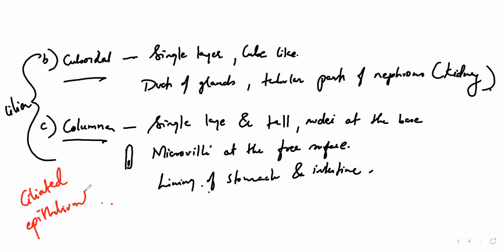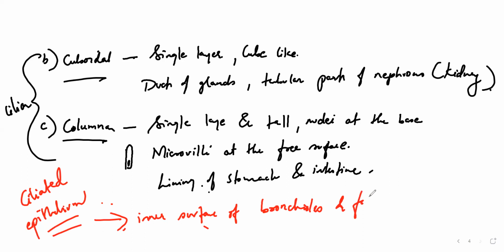And where is the ciliated epithelium found? They are found in the inner surface of bronchioles, which are present in the lungs, right? And fallopian tubes, that is in the female reproductive system.